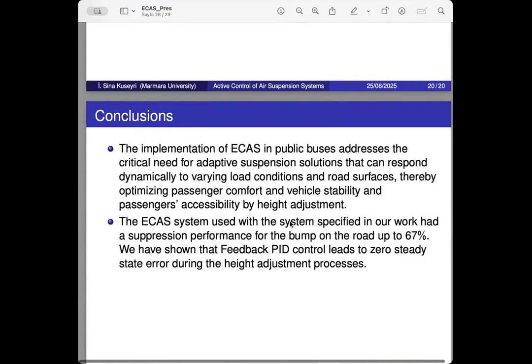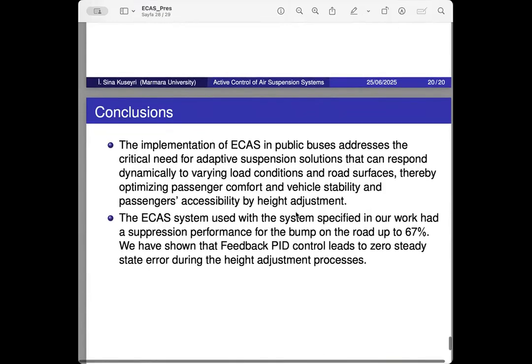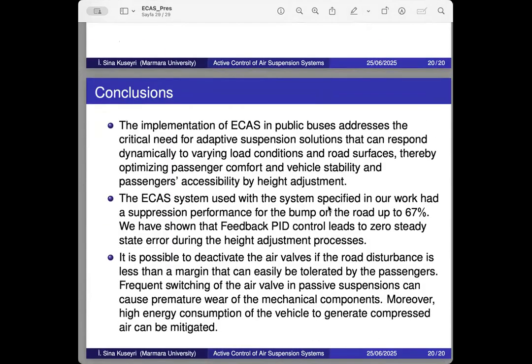The ECAS system used in our work had a suppression performance for the bump on the road of up to 67%. We have shown that the feedback PID control leads to zero steady state error during the height adjustment process. And finally, it is possible to deactivate the air valves if the road disturbance is less than a margin that can easily be tolerated by the passengers.